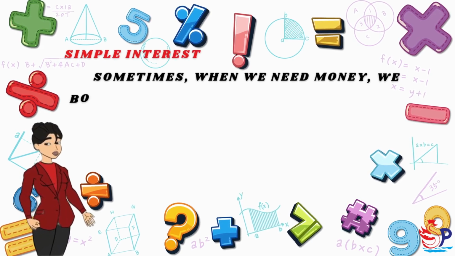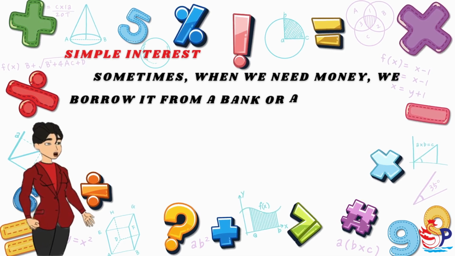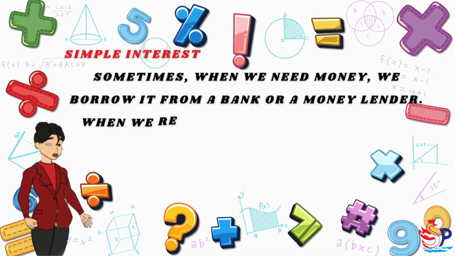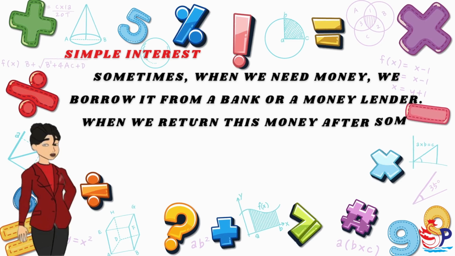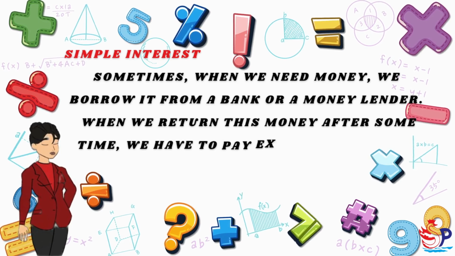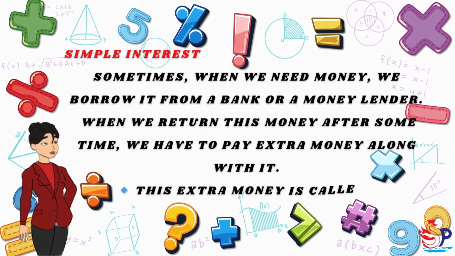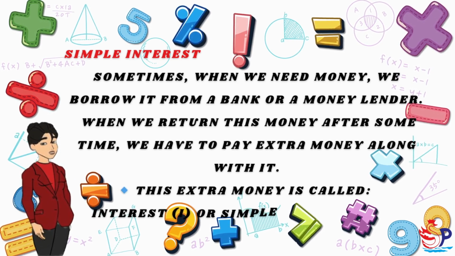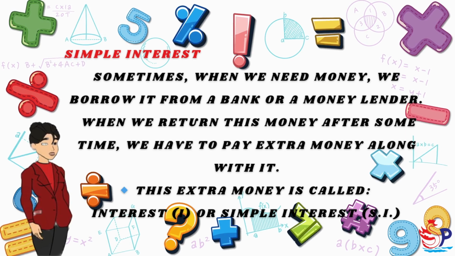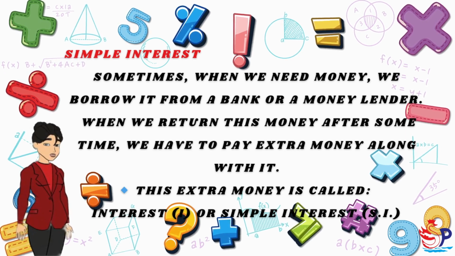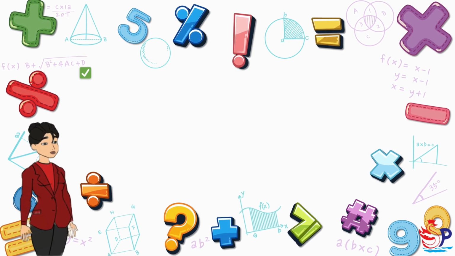Sometimes, when we need money, we borrow it from a bank or a money lender. When we return this money after some time, we have to pay extra money along with it. This extra money is called interest, I, or simple interest, SI.